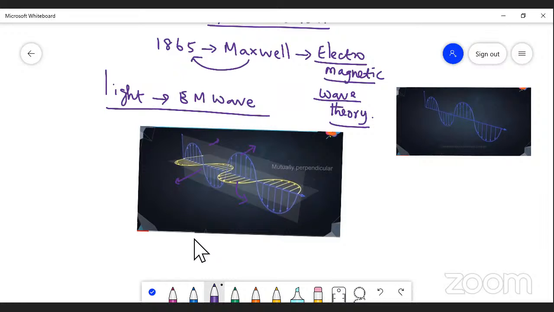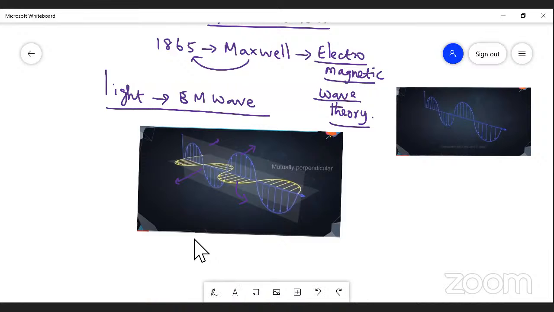It consists of electric field vibrations and also magnetic field vibrations. They are perpendicular to each other and also perpendicular to the direction of propagation of the wave. And here the electric field vibrations and the magnetic field vibrations are confined to two different planes, which are also mutually perpendicular to each other.